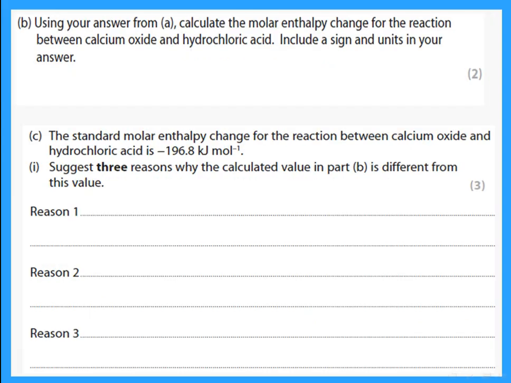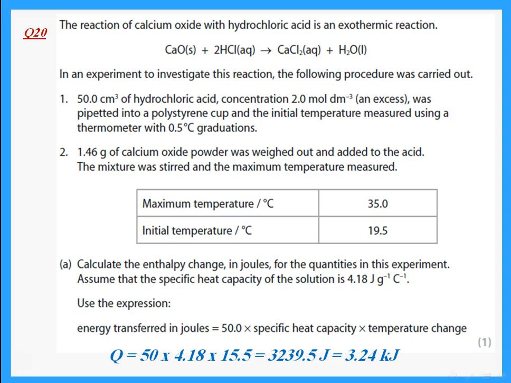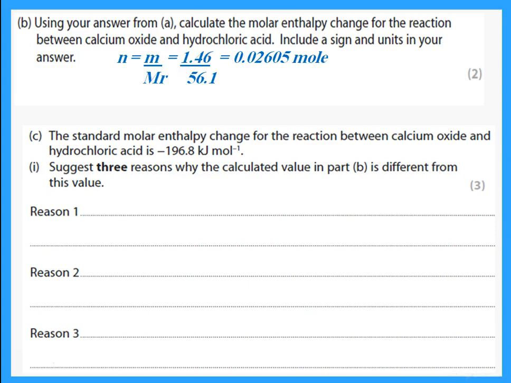Using your answer from A, calculate the molar enthalpy change for the reaction between calcium oxide and hydrochloric acid. So here he's telling me to get the delta H, and I know that delta H is Q over n. So I have to get the number of moles. Let's go back for a minute: he says he used 1.46 grams of calcium oxide.